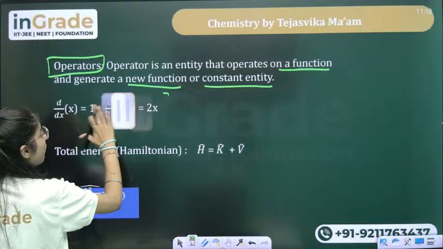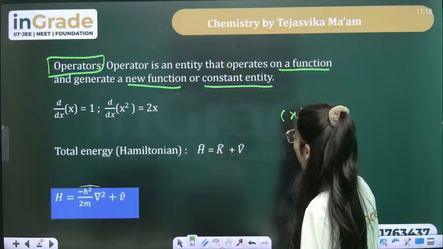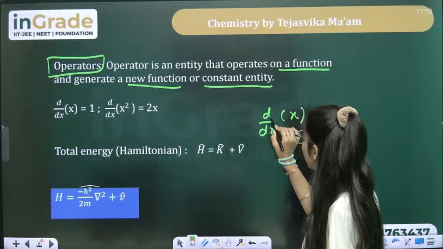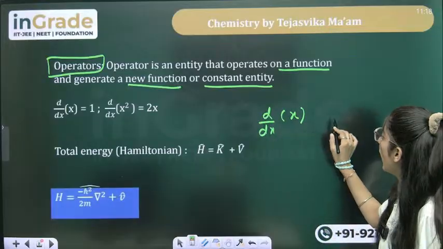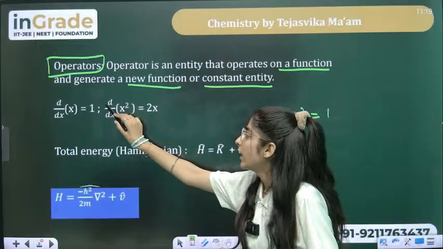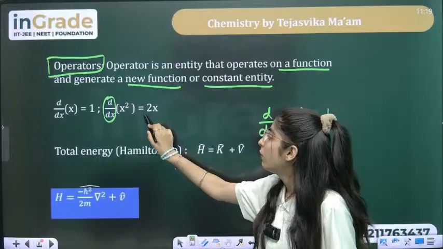Let me give an example of differentiation. Let's say I have x, and if I apply an operator d by dx, then simply I'll get the value 1. Okay, if I apply this operator again over x square, then the value will be 2x.